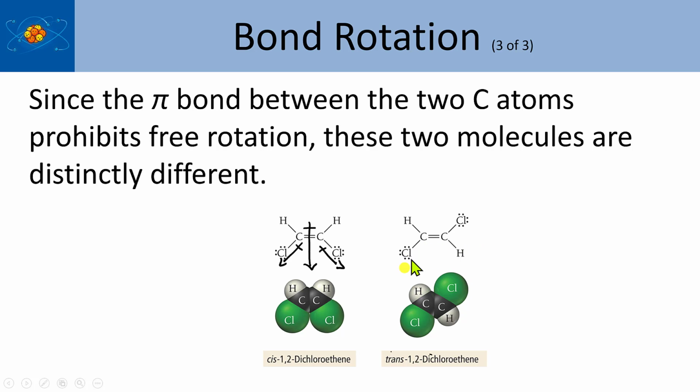On the other hand, when you look at trans 1,2-dichloroethene, there's a dipole that pulls this way, but there's also a dipole pulling this way of equal strength. And the result is this molecule is generally nonpolar. But again, because there's a pi bond there, these don't freely interchange with each other, and they're easy to isolate from a mixture because of the differences in their properties.